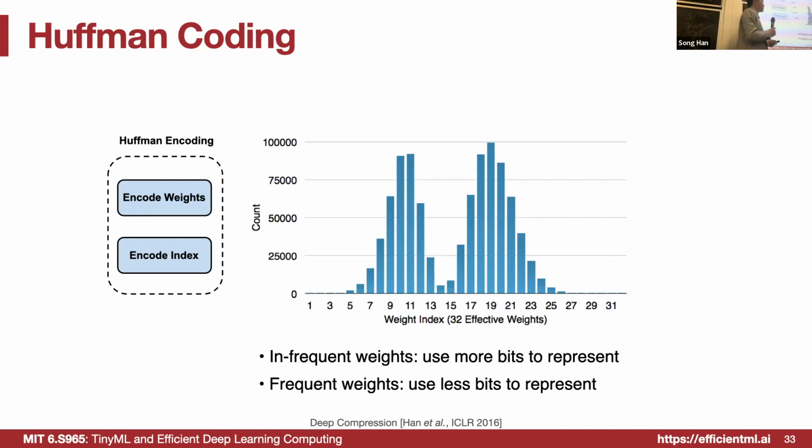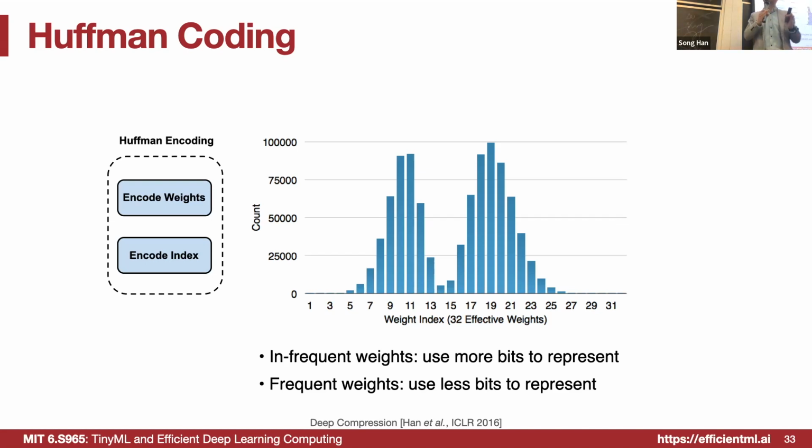After this weight-sharing quantization, we find the weight distribution is not uniform. Some of the weights are very popular, and some are not popular. We want to represent those infrequent weights using more bits, and for those frequently appearing weights, we can use fewer bits.